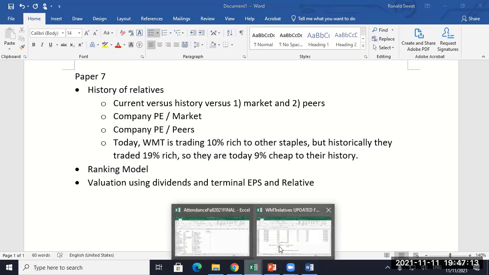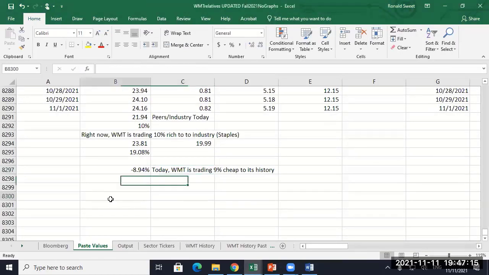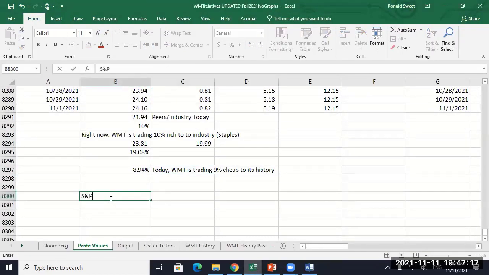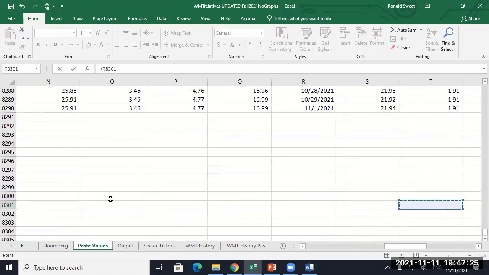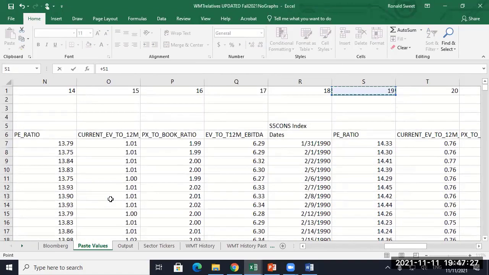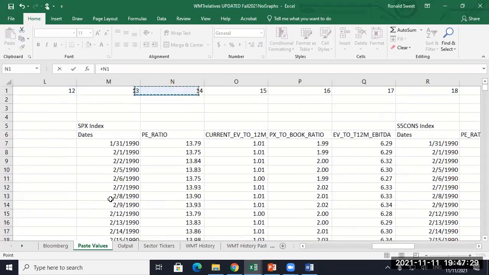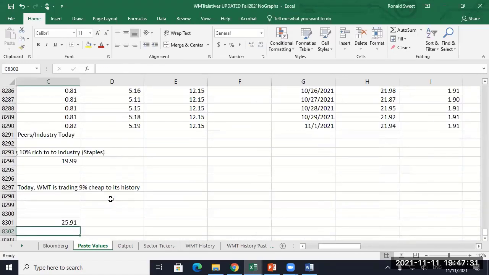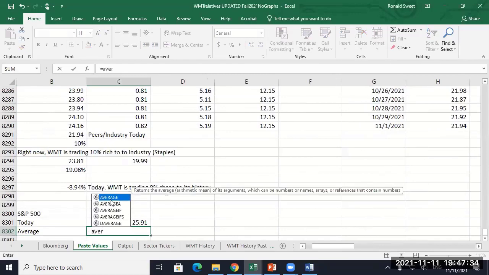Let's see if you really understand it, because I'm going to bring the S&P 500 over. Today, average, you can tell me. So today, S&P 500, 25.95.